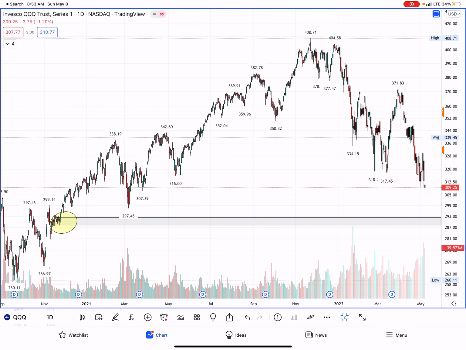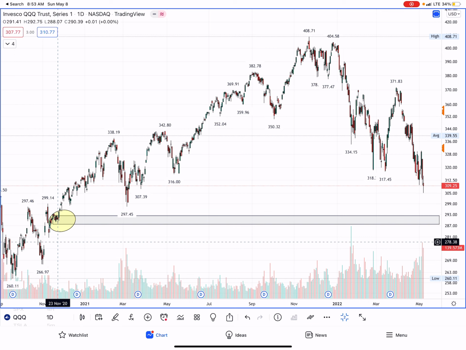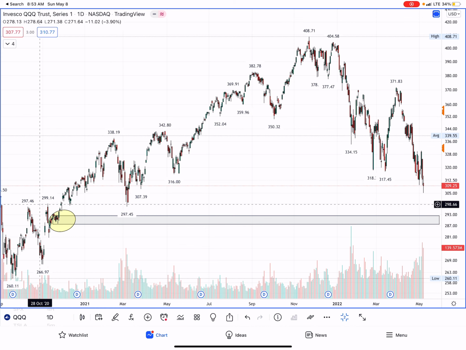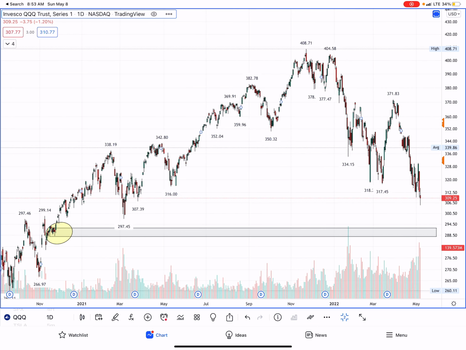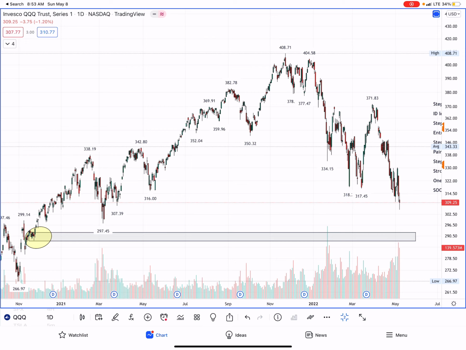But why would the banks and institutions who were placing buy orders back in November of 2020 around 292, 290 QQQ, wait this long to fill their orders? They're not going to.